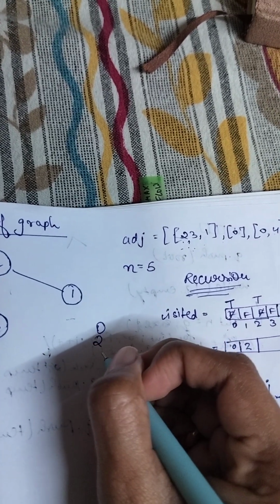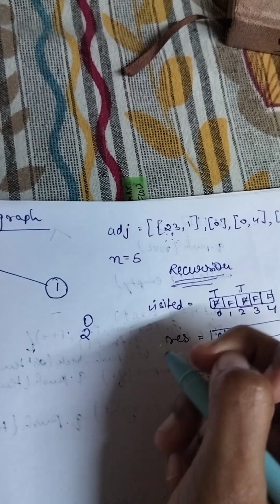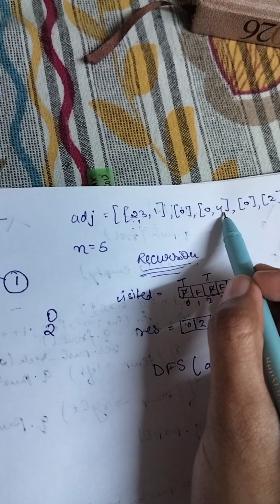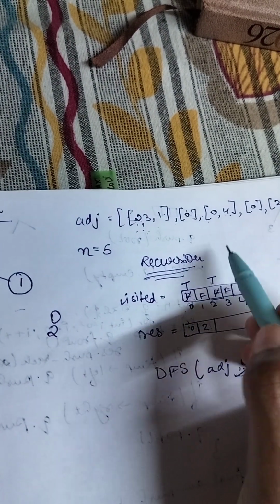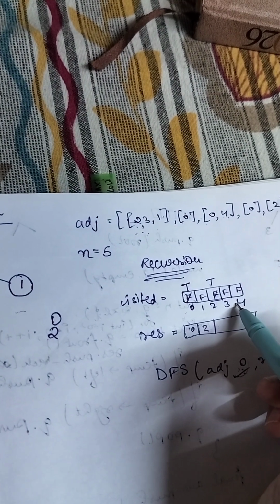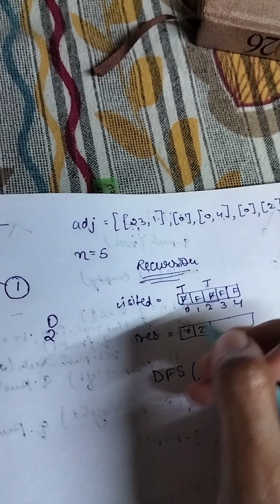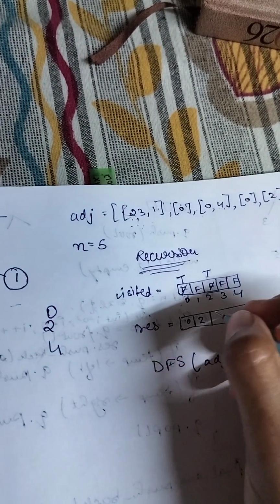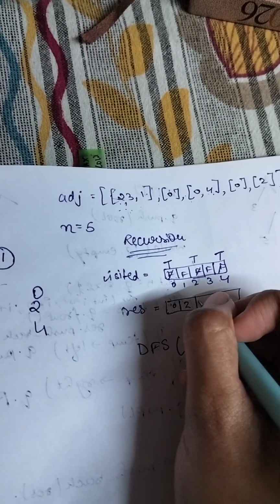For 2 also, I have to do a recursive function, whose neighbors are 0 and 4. If you see, 0 is already visited since it is true. Now 4 is false, it is not visited, so I'm going to run the DFS function for it. Okay, so 4 I'm going to do now. So this is visited true, and now I'm going to add it here.